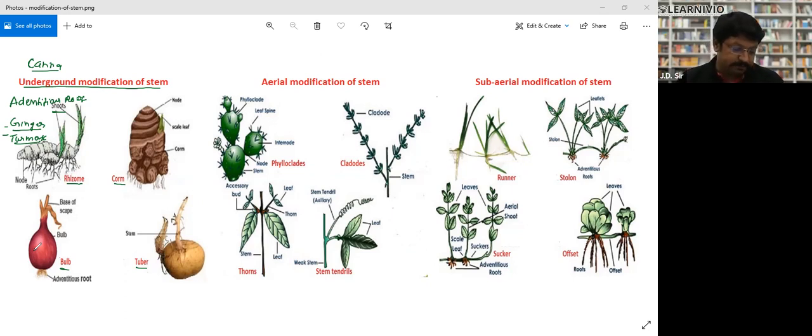So next part, what is that? That is the corm. So put the heading: Corm.